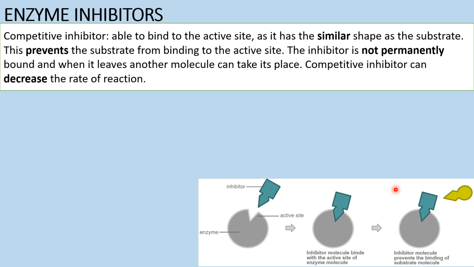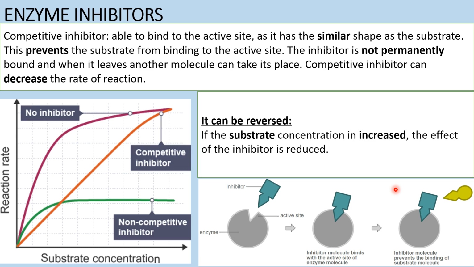So there is a competition between the inhibitor and the substrate. So this can be reversed. The effect of the inhibitor is reduced if you have a higher substrate concentration. If you increase the substrate so it outcompetes the inhibitor, you have reduced the effect of the inhibitor.